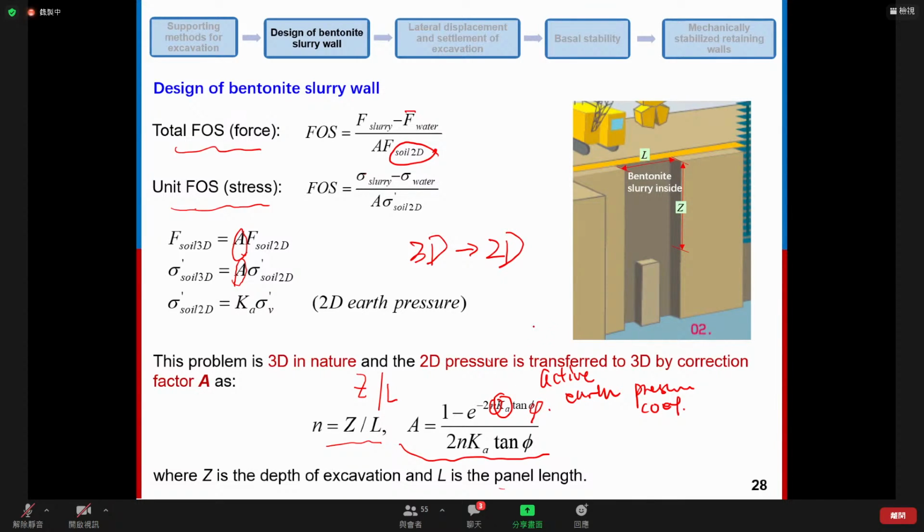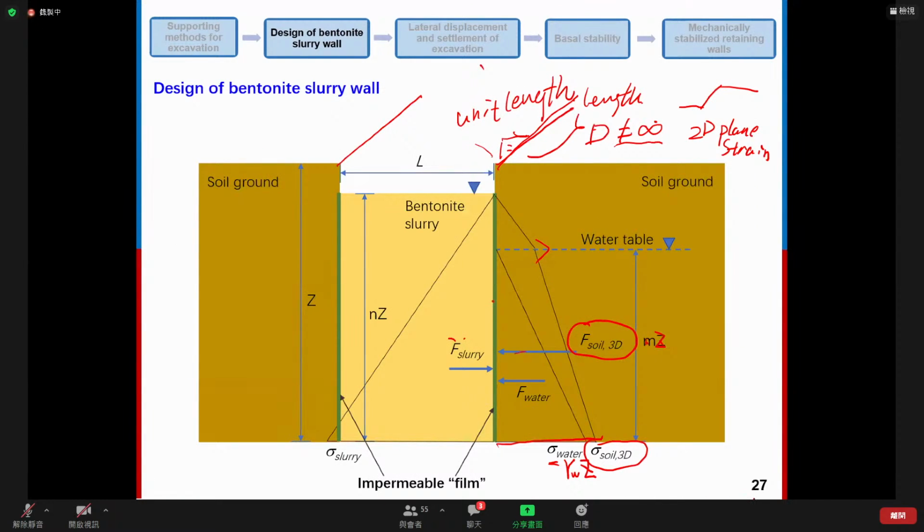Okay. So for the 2D case, we can calculate the horizontal soil pressure by using the active earth pressure coefficient Ka to multiply the vertical stress, and then we get the horizontal soil stress 2D.